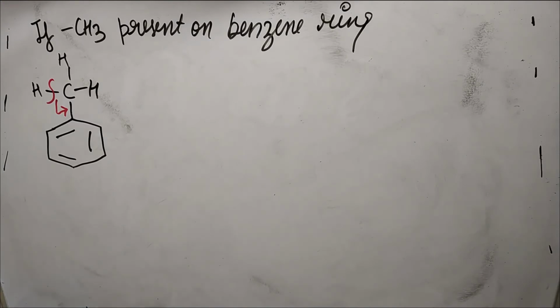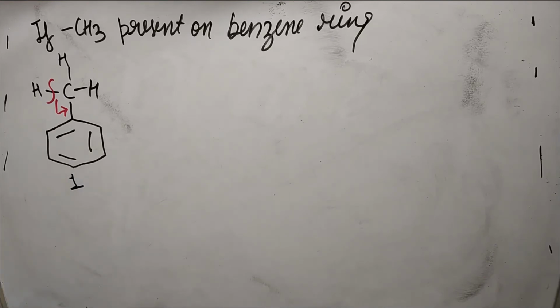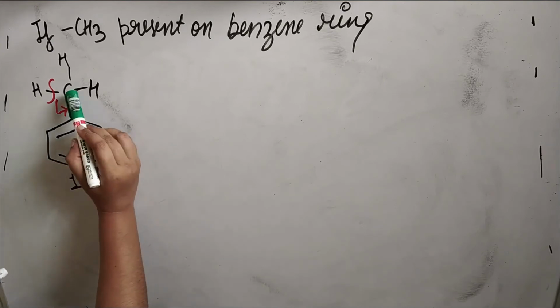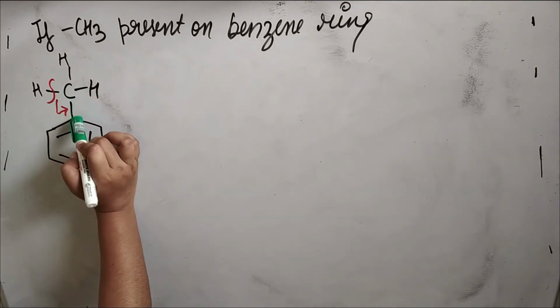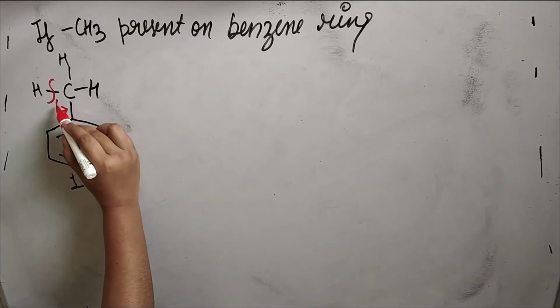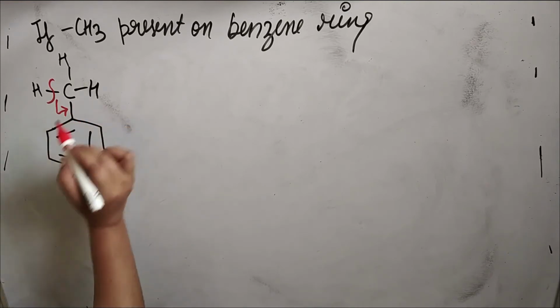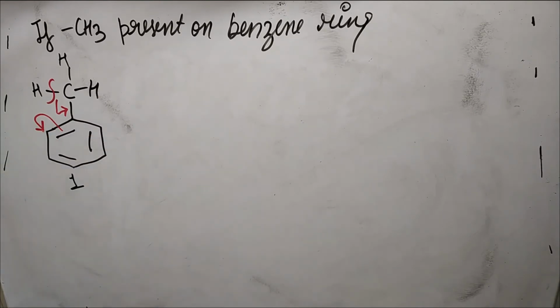So this is our structure 1, where the bond between one of the hydrogens and the carbon will break and the electrons are utilized to form a double bond on this carbon. Ultimately the electrons shift here, then this bond breaks and the electrons move to the ortho position.